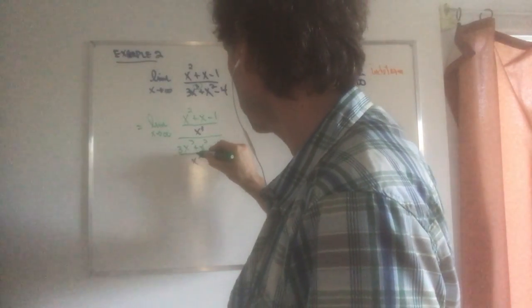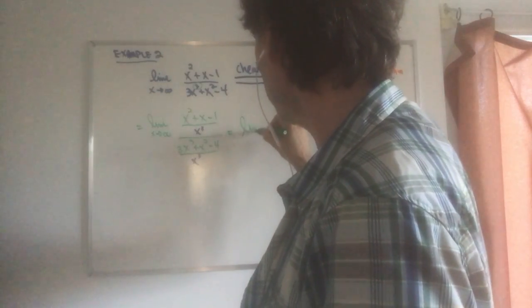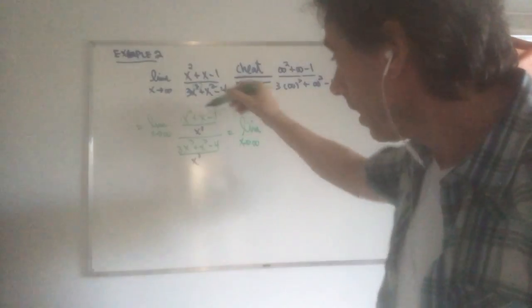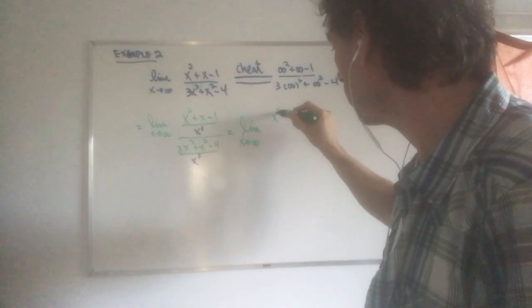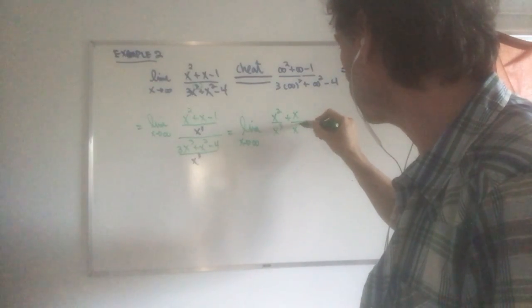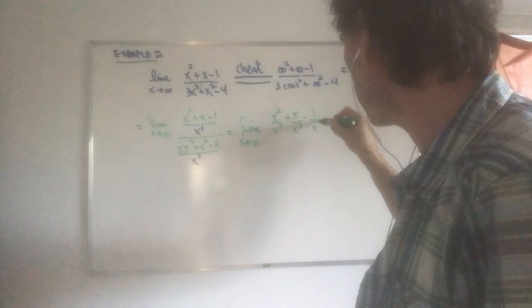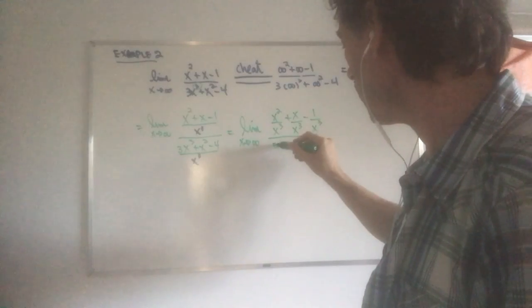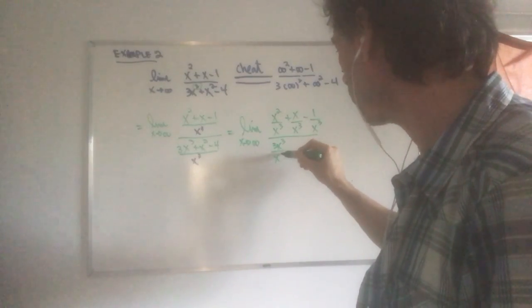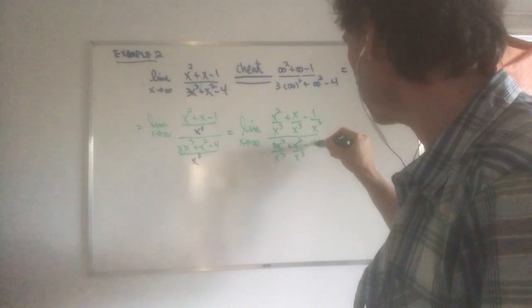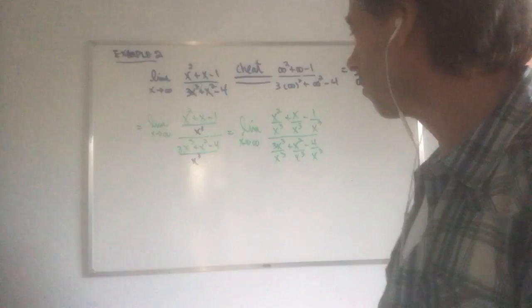Okay, so now we distribute that common denominator to each term. So I'm going to get x squared over x cubed, x over x cubed minus 1 over x cubed, all that jazz, 3x cubed over x cubed and x squared over x cubed minus 4 over x cubed.